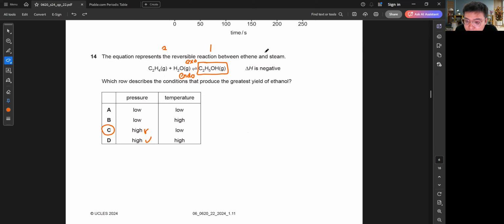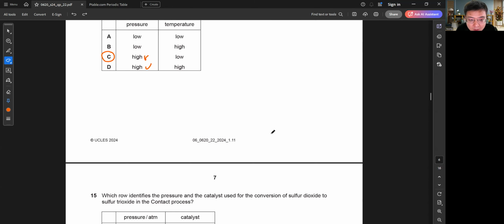Because they say the reversible reaction between ethene and steam, and delta H is negative, which tells us that the forward reaction is losing heat. Losing heat means exothermic, because delta H is the heat energy in the products and reactants themselves. In the products and reactants themselves, the heat energy is decreasing, but the surrounding temperature is increasing. So try not to get mixed up between these two.